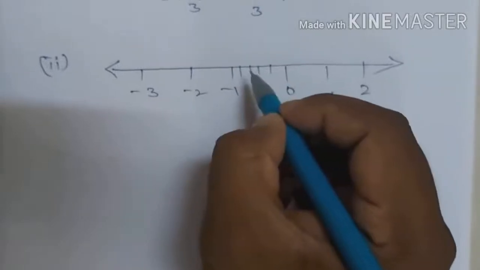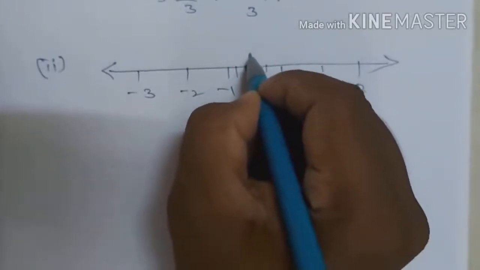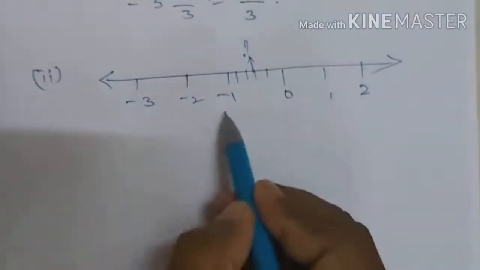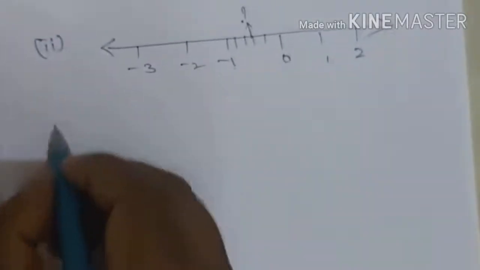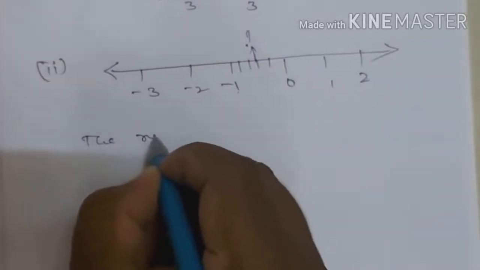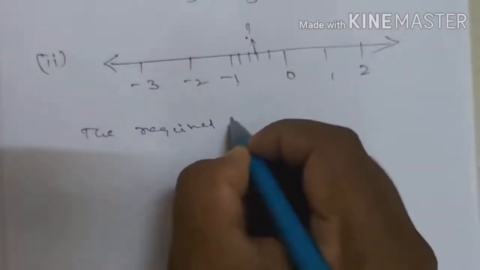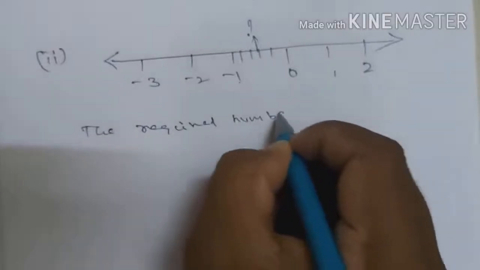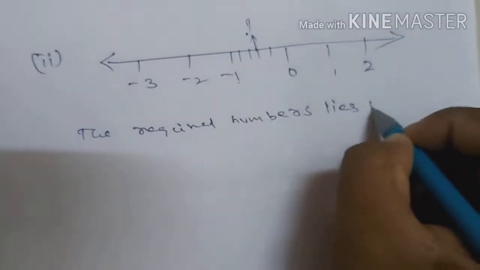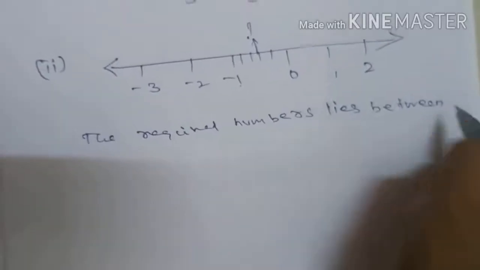Check how many parts: 1, 2, 3, 4, 5. So it is divided into 5 equal parts. The question is at the second part. So the required number lies between 0 and minus 1.